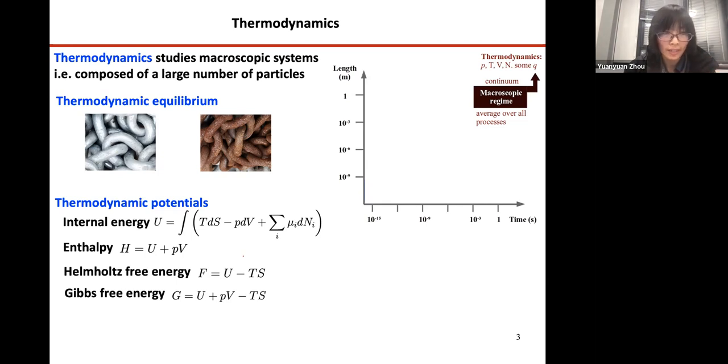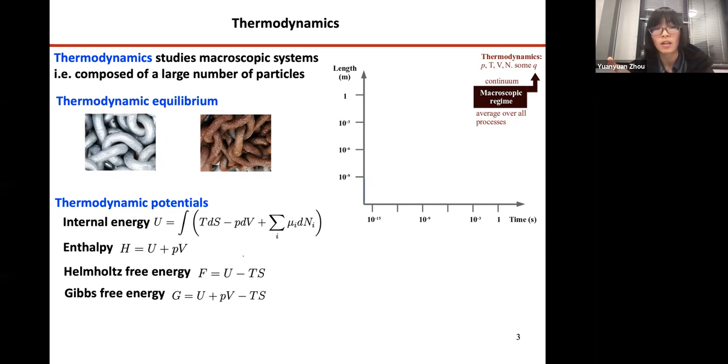For instance, here are the internal energy, the enthalpy, and the Helmholtz free energy, which equals the internal energy minus temperature times the entropy. At constant temperature, the Helmholtz free energy is minimized when the system reaches equilibrium. The Gibbs free energy is equal to the internal energy plus PV minus the temperature times the entropy.